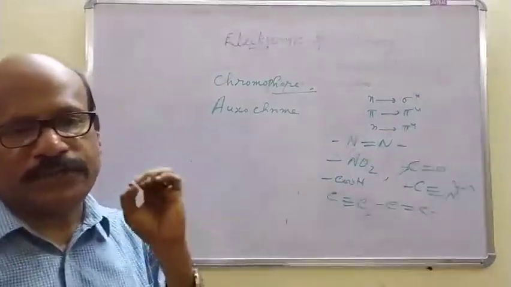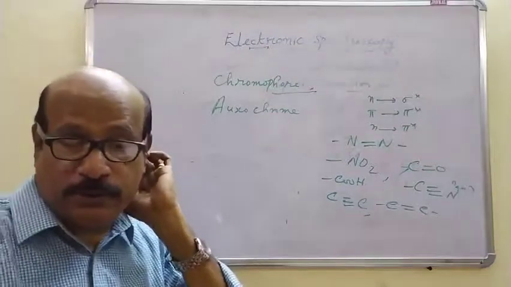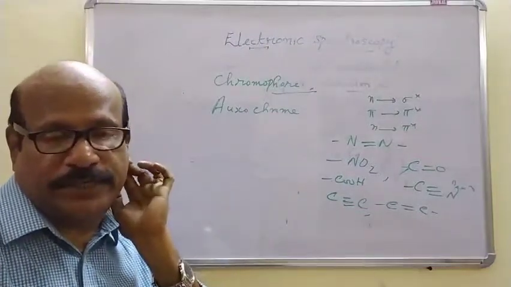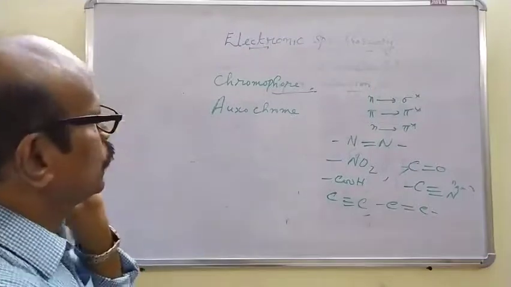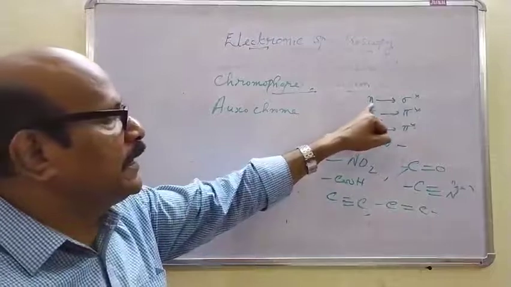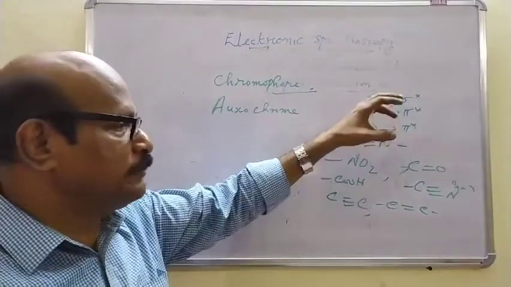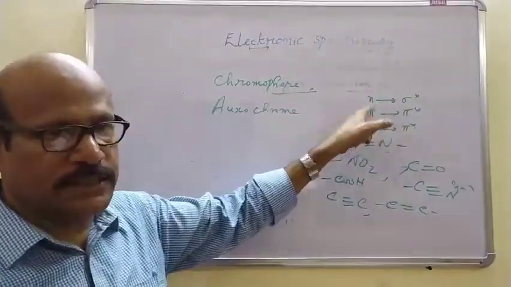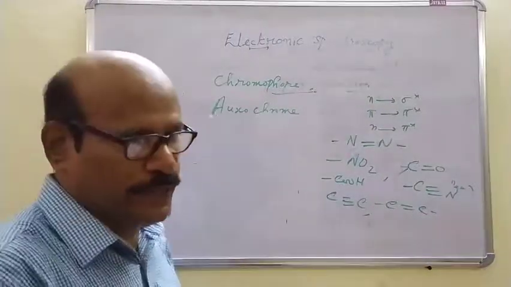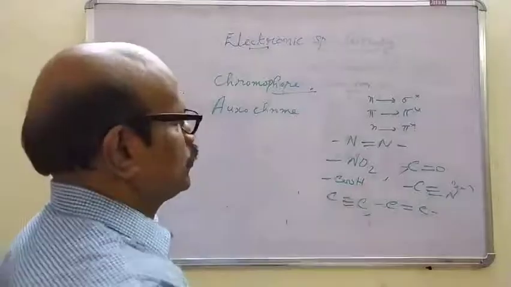So an isolated or independent functional group present in a molecule which causes the absorption of light at a particular frequency is called a chromophore. They are light absorbing groups in a molecule, and any of these three types of transition will absorb UV and visible light.